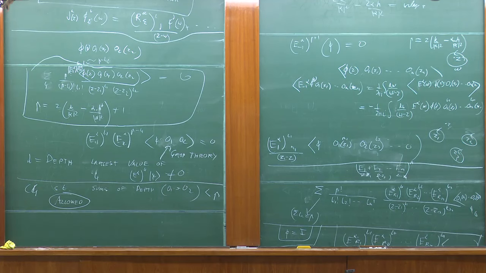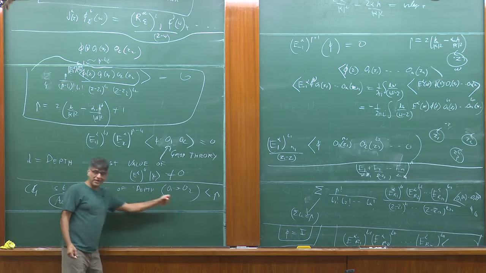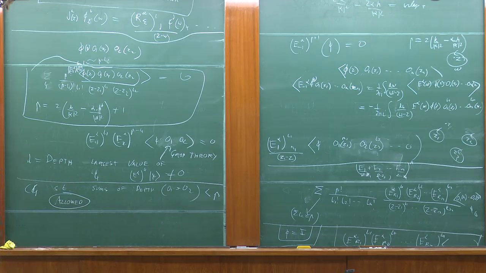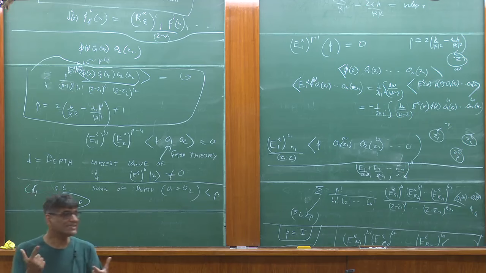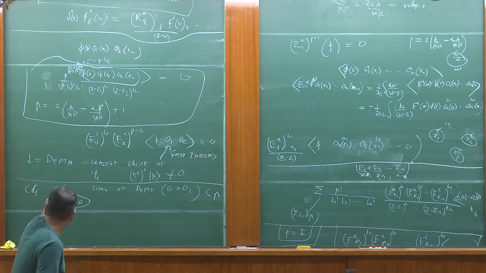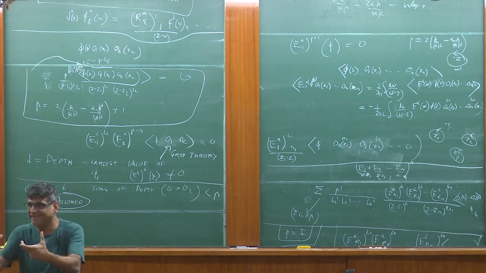On the other hand, even if this was not the case, suppose there was one state in that sum such that the sum of depth was equal to or greater than P, then there would be one term there that acting on that state would not be 0.